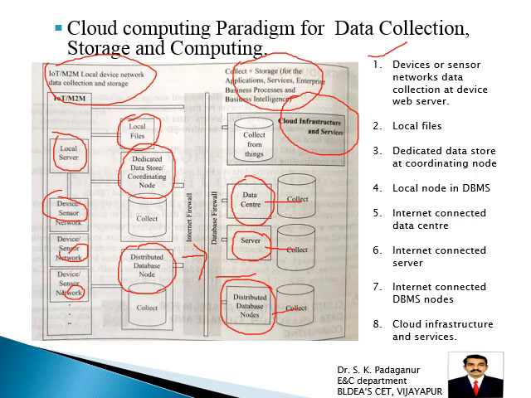So the cloud is the important thing which we use to collect the data, store the data, and then compute the data. This is a very important concept of the IoT.